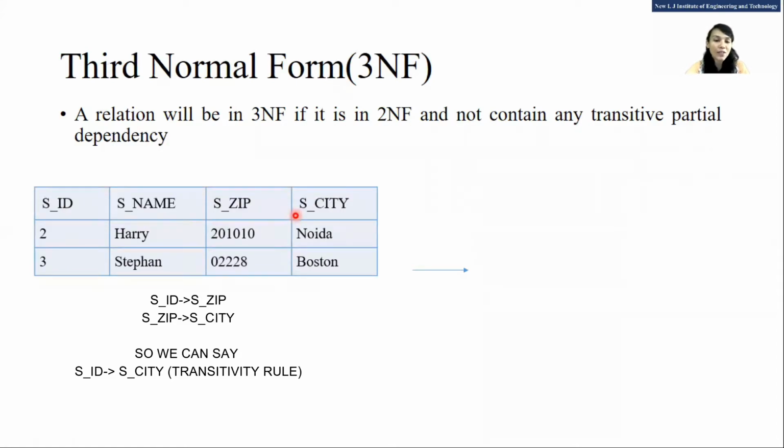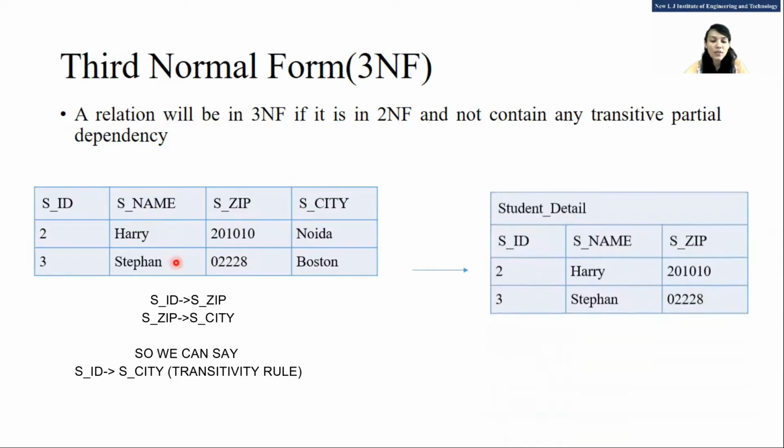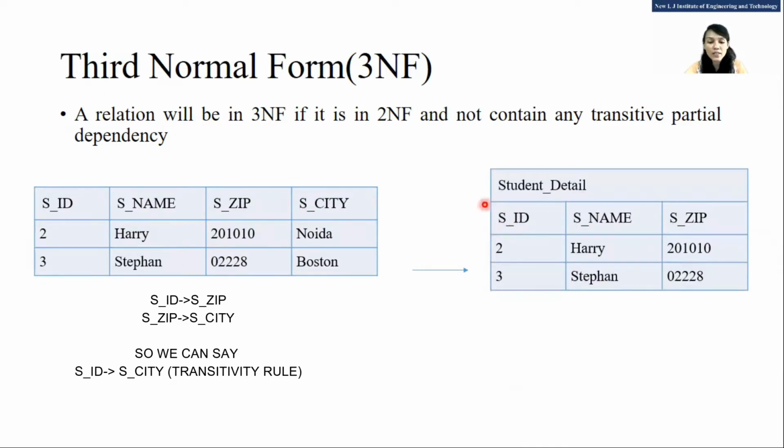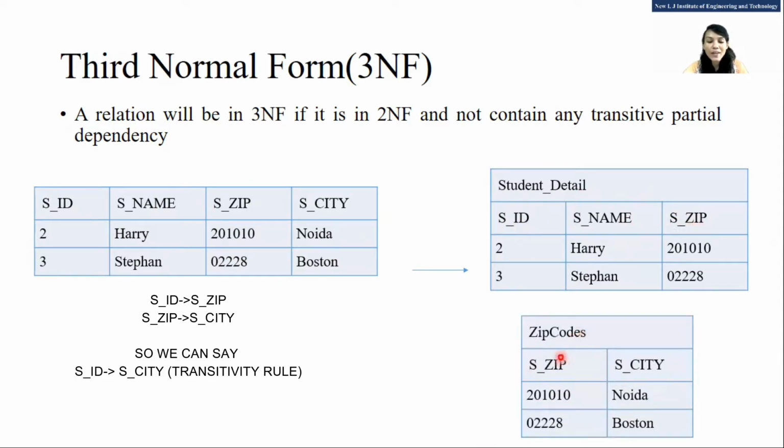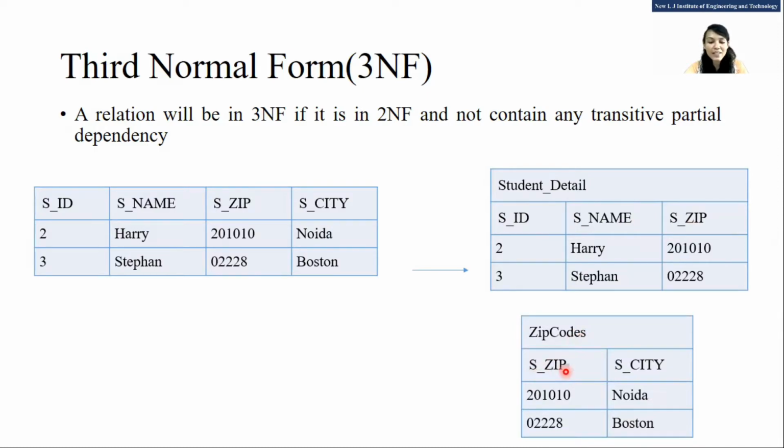And in third NF, we have to remove transitive dependency. To remove transitive dependency, I need to decompose this table. So let's decompose this table. I'm making the first table, student detail, where I am taking three attributes SID, SNAME, and SZIP. In that, I am not getting any transitive dependency between these three attributes. And now I'm separating the zip code table with SZIP and SCT. So here CT will be determined by zip code.